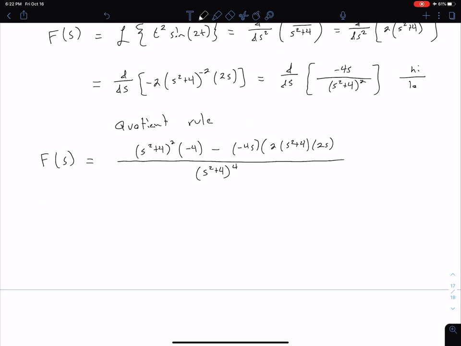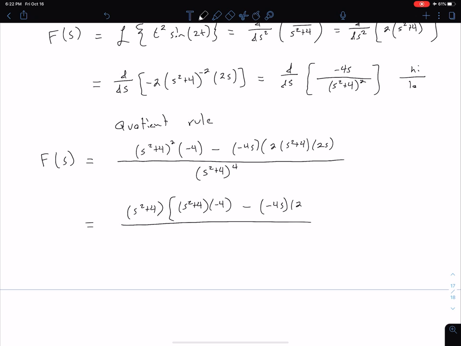Let's simplify this a little. In our numerator, we have this s squared plus 4 term in both terms, so let's factor one of those out. After factoring that out, we still have an s squared plus 4 in the first term, multiplied by -4. In our second term, we now just have the -4s times 2 times our 2s.